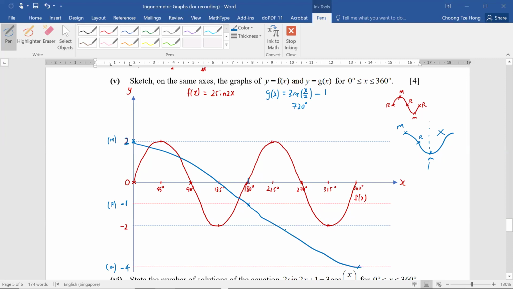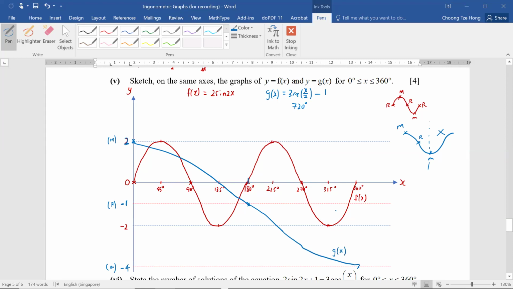So this will be the cosine graph. Let me try to draw this one again. Okay, something like this. All right, so over here you have the two graphs. The red one is fx, the blue one is gx.